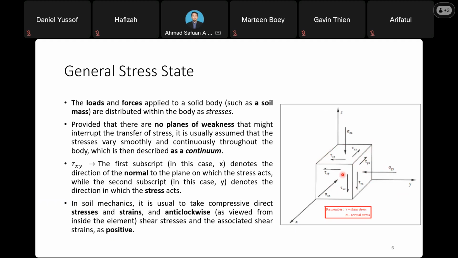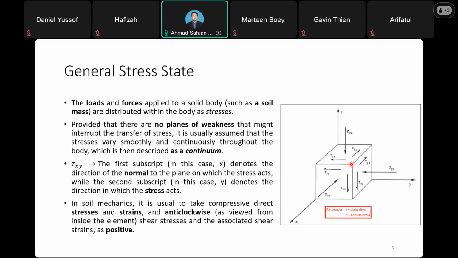Provided there are no planes of weakness that might interrupt the transfer of stress, it is usually assumed that the stresses vary smoothly and continuously throughout the body, which is then a continuum. It means that based on this small solid body, we just imagine the whole mass of the soil will behave at the same stress conditions.